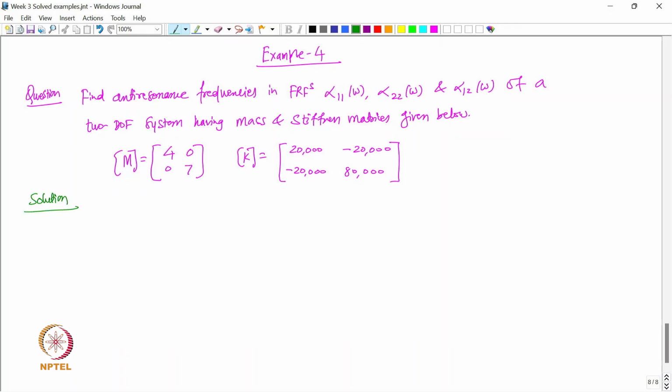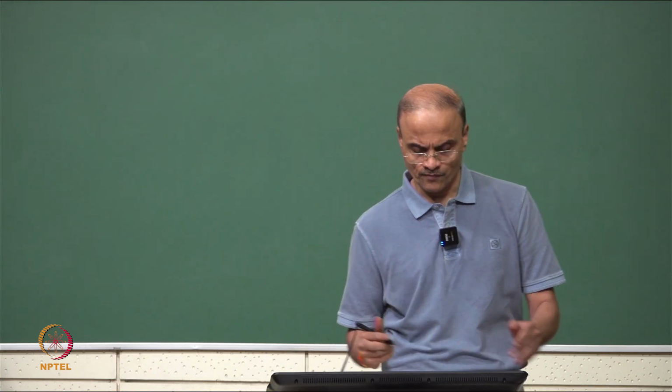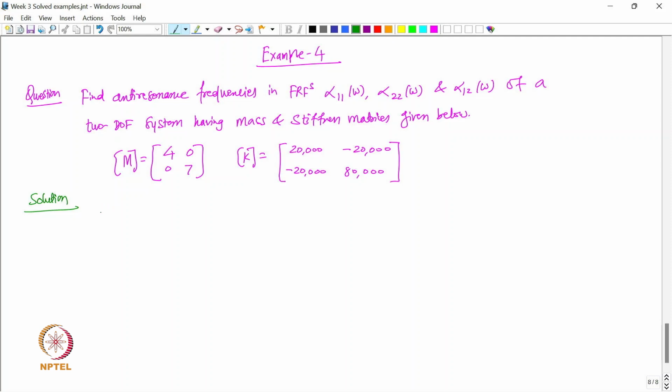So, in this problem we have been given the mass and stiffness matrices of the system. So, we have been given a spatial model of the system. In the previous example, the model was given, and from that we determined the anti-resonance frequency. In this case, the spatial model is given. So, basically we are finding omega AR, right, anti-resonance frequencies from the spatial model.